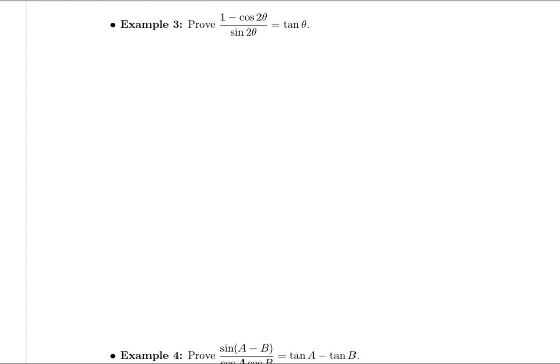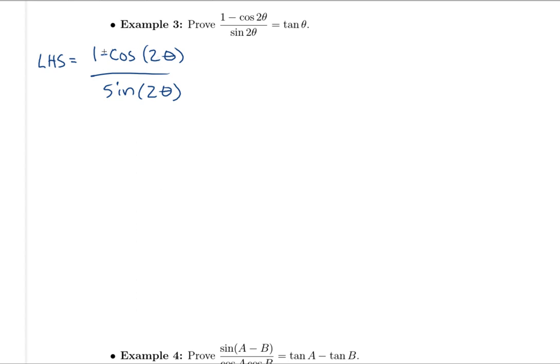All right, so here's another one that they're asking us to prove, and again, the left-hand side of this thing definitely seems more complex than the right-hand side, so let's start with that. But now let's think ahead a little bit. We're trying to create a tangent on the right side. So we know that tangent is sine divided by cosine.